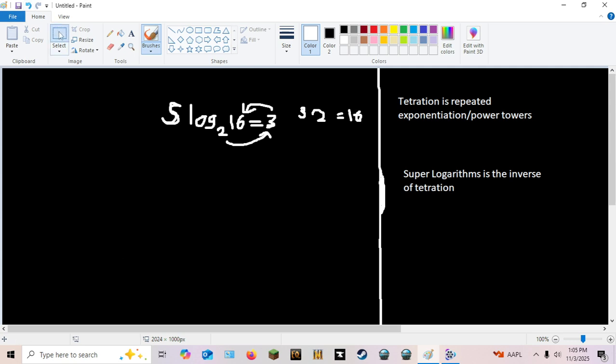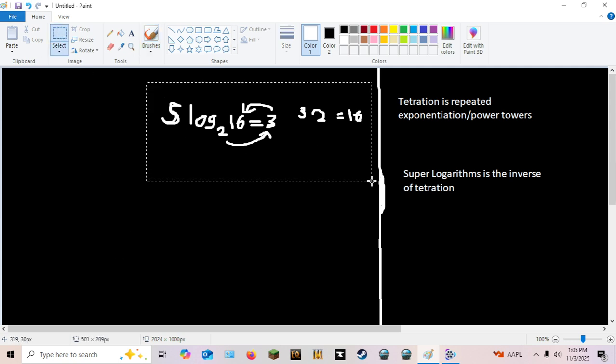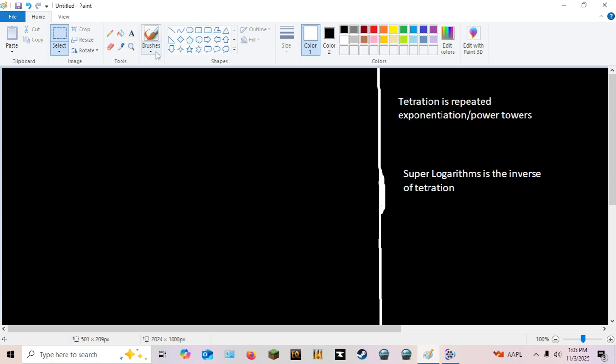Okay? Let's do another example. Let's do the superlogarithm base 3 of 27 equals what?